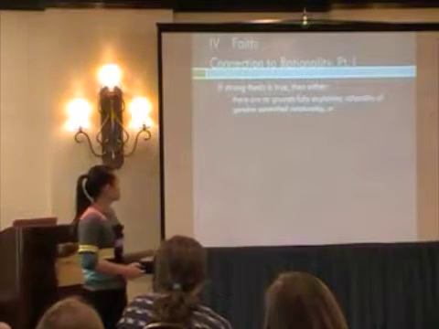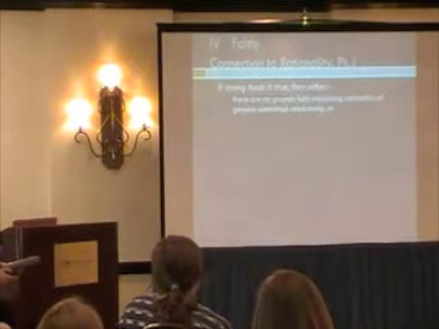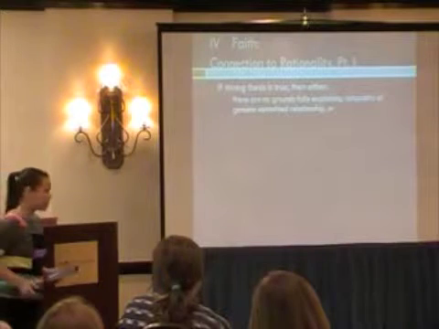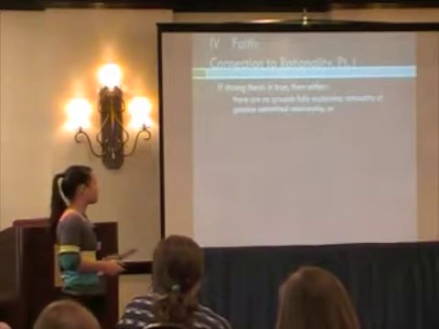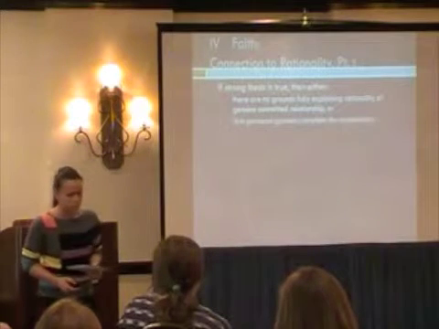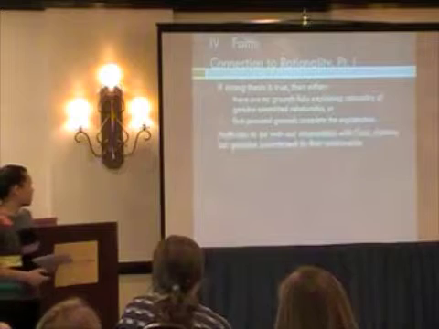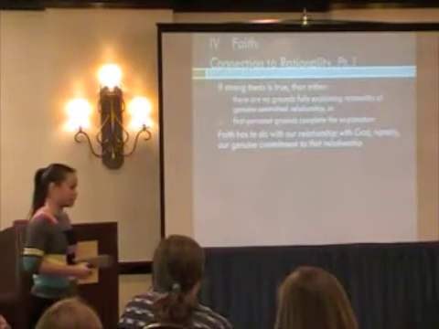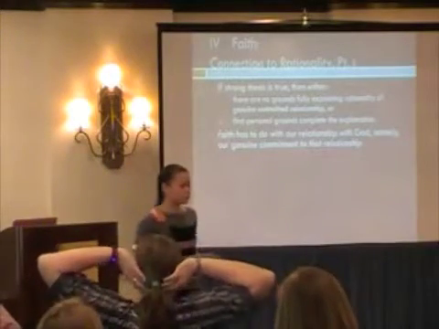Okay, so let's finish up with connecting faith and rationality. If the strong thesis is true, and I hope I've convinced you that it is, then either there are no grounds explaining the rationality of genuine committed relationships, or we want these first personal grounds. All right? So faith has to do with our relationship with God, and we want this relationship to be one of these genuine committed relationships.